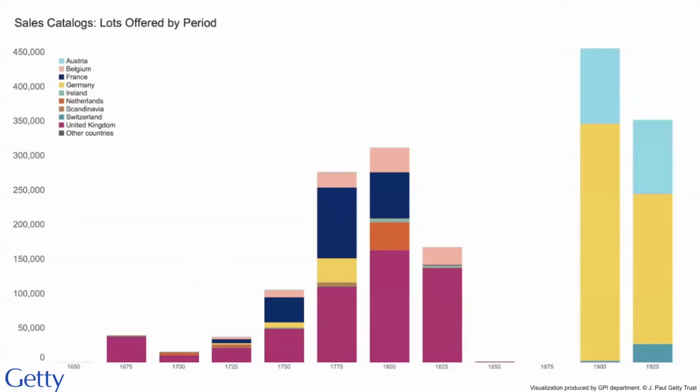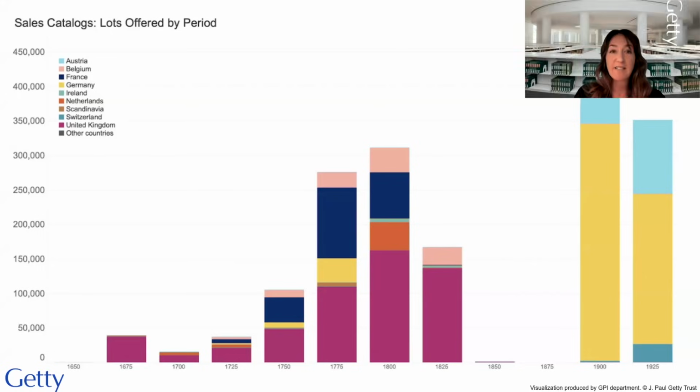So grouped here by each 50-year period and country, our sales catalogs data comes from auction houses and dealers documenting works of art offered for sale in Europe from 1650 to 1945 at both public auctions and private sales. The dataset includes records primarily from Austria, Belgium, France, Germany, Great Britain, the Netherlands, Sweden.